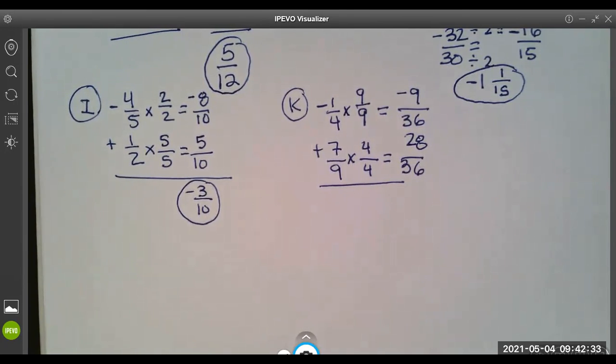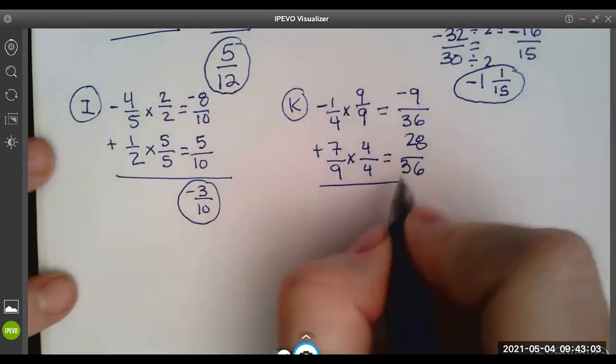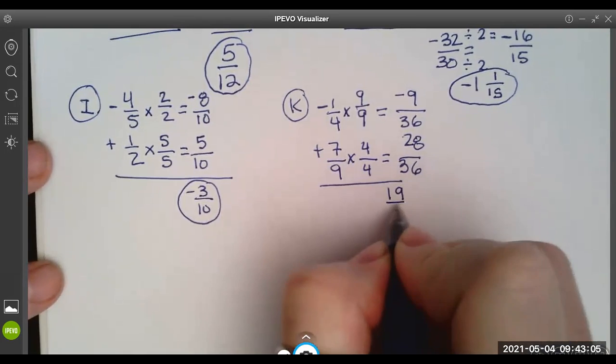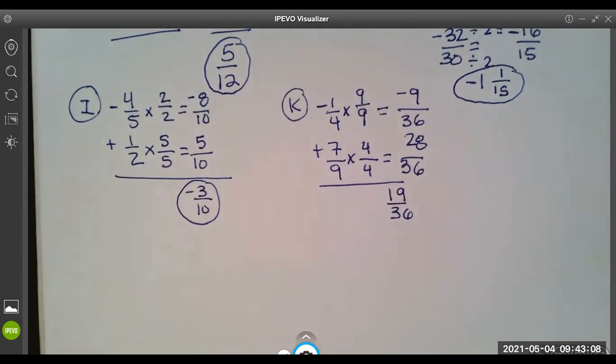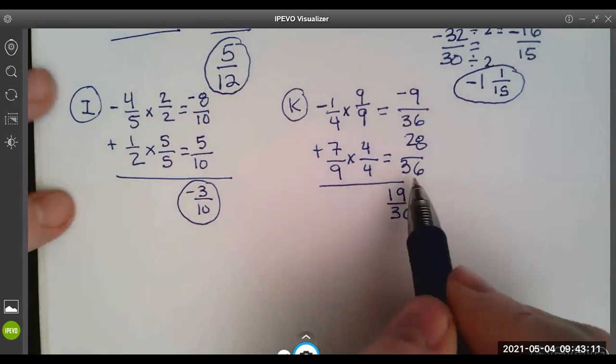Subtract and keep the sign of the bigger one. So what are we going to say our answer is? 28 minus 9 is 19. Can we get it any better than that? Nope.